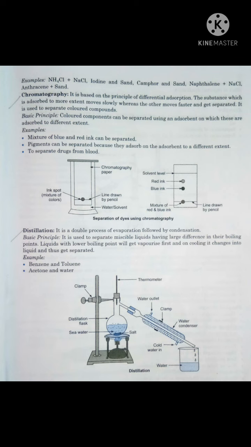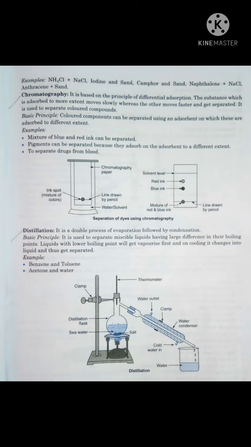Basic principle: colored components can be separated using an adsorbent on which these are adsorbed to different extents. So depending upon their adsorption capacity, they adsorb.